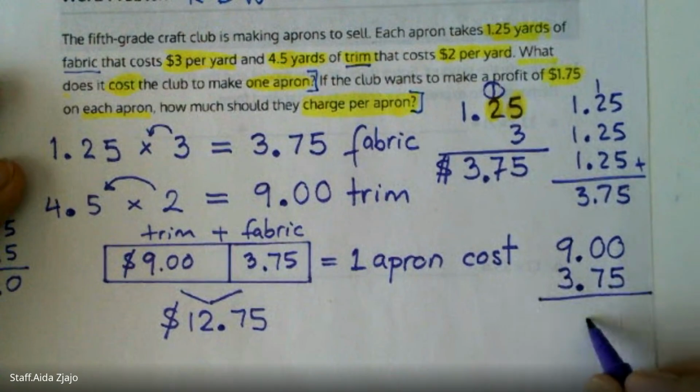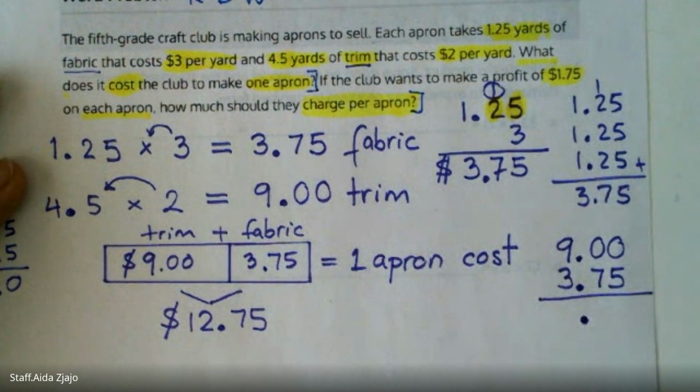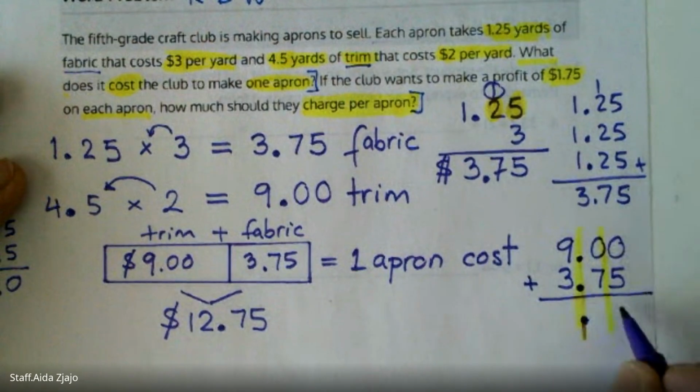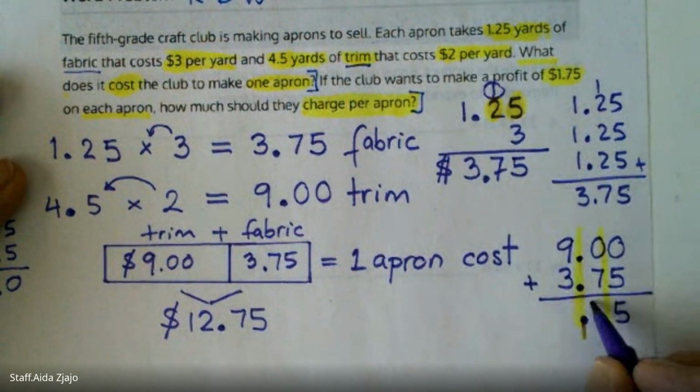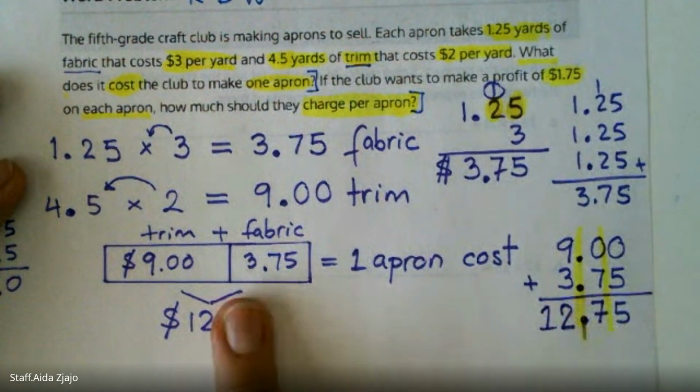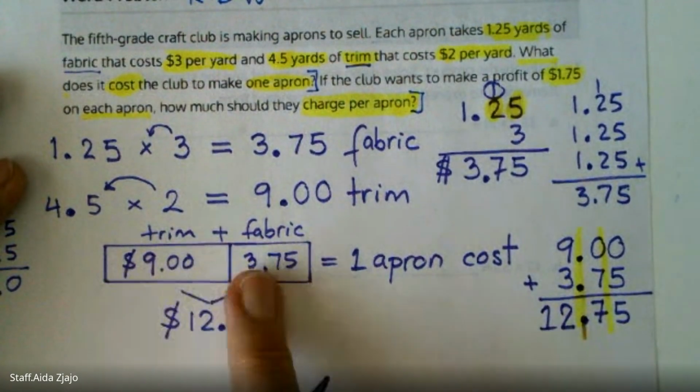When you add, the decimals go in a line and you add: 0 plus 5 is 5, 0 plus 7 is 7, 9 plus 2 is 12. So you can check 9 wholes plus 3 wholes.